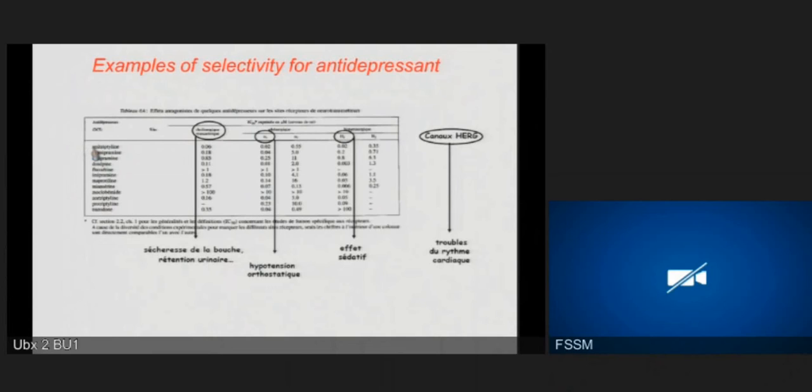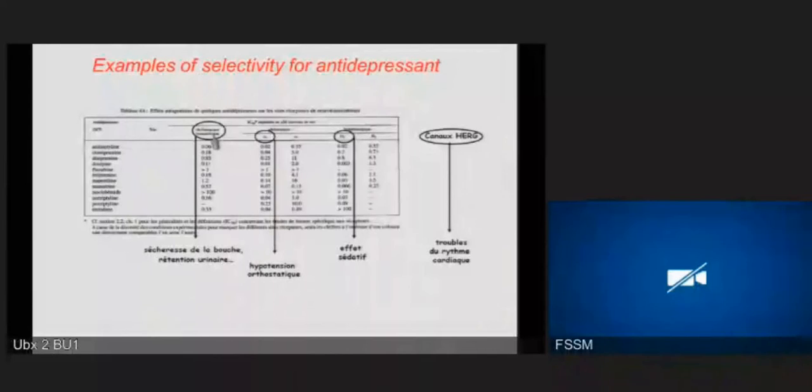For instance, amitriptyline is a tricyclic antidepressant drug, while fluoxetine belongs to the family of the selective serotonin reuptake inhibitors. So let's see only the difference between the tricyclic antidepressant and fluoxetine.